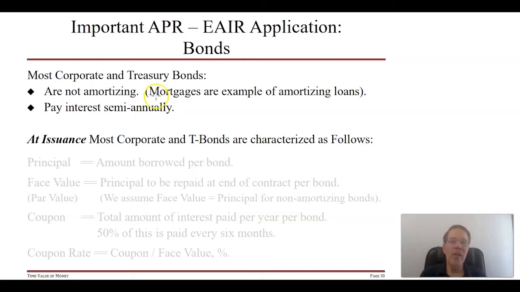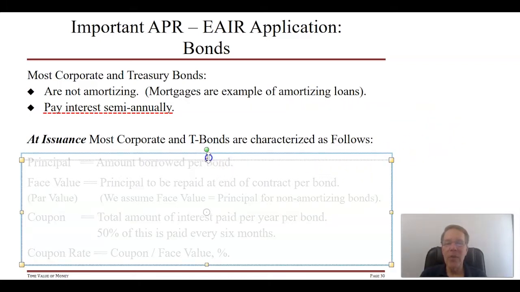We'll get to amortizing loans soon, but for most corporates and treasuries, the instruments are not amortizing. Mortgages are a good example of amortizing loans. We'll get to them in the next chapter. But also what we're most concerned with right now is that they pay interest semi-annually. All right, so we're going to have to deal with that.